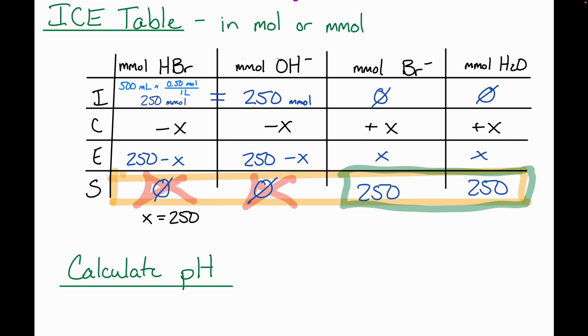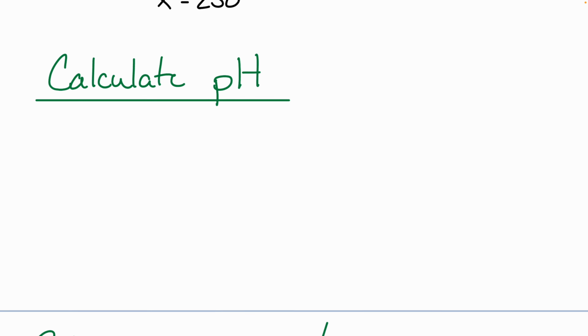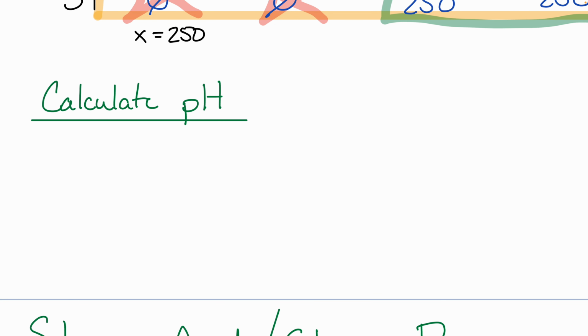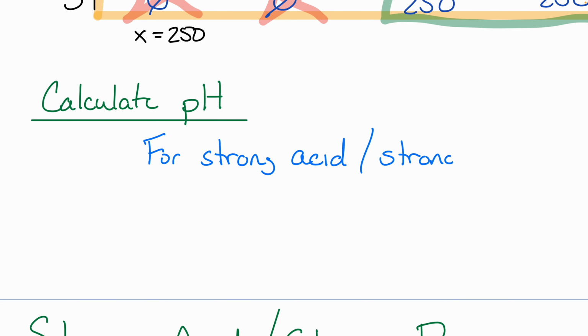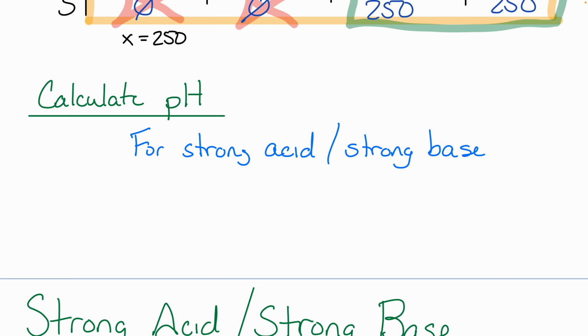So what's the pH of this solution going to be? Whoa, 7. All right, so calculate the pH. And we just want to make note here, for a strong acid, strong base, the pH is always 7 at the equivalence point.